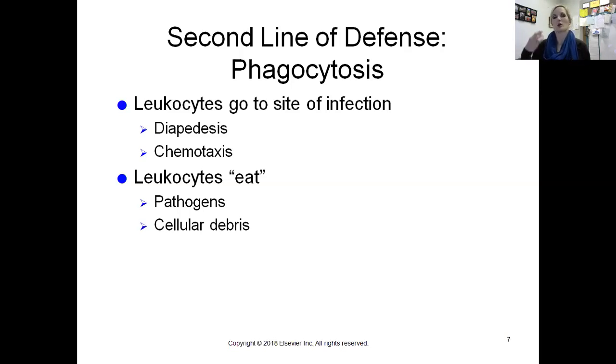Like I said, if it comes into our mouth, saliva has enzymes in it to make sure that we are trying to kill off something right away. With leukocytes, when we have some type of infection, leukocytes will go to that site of infection. In the process of diapedesis, these white blood cells are going to squeeze out of those capillaries and try to get to that site.